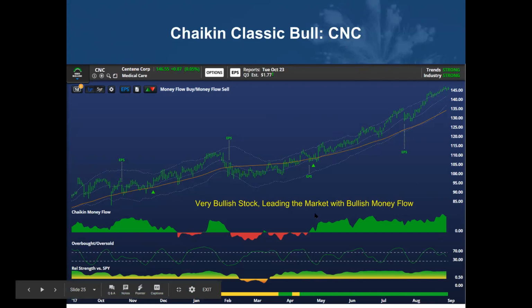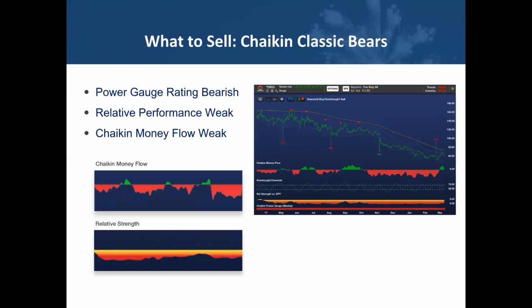And then we look at Chaikin Money Flow. Chaikin Money Flow tells you what my former clients are doing. Institutional investors try to hide what they're doing. We'll get back to that a little later. But bullish stocks that are outperforming the market and being accumulated by large institutions are the types of names you want to consider owning. And these are the tools you can use to find those names.